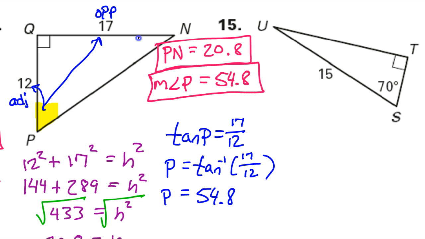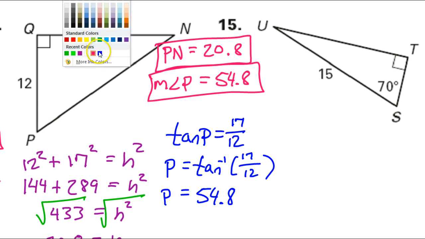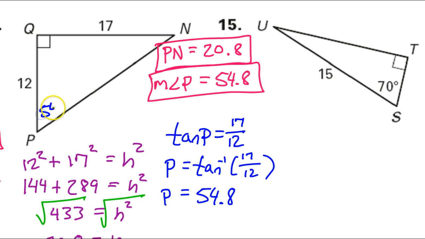Now we could find the measure of angle N in the same way by doing the tangent function all over again. However, if we're very confident of our measure of angle P, then we can use a shortcut and just subtract from 90, right? Because if angle P here is 54.8, then these two angles have to add up to 90 degrees.